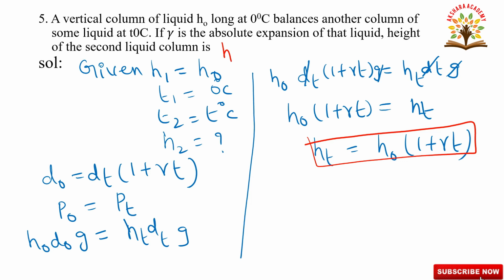Here Ht is equal to H0 of (1 plus gamma T). This is the height of the second liquid column.